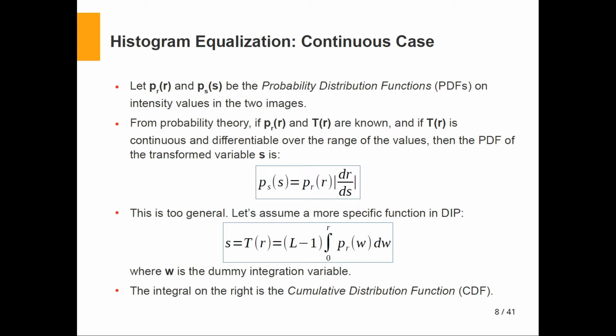For this, let's assume PR of R and PS of S are the probability distribution functions, or PDFs, of the intensity values in the two images that we have, R being for the input image and S being for the output or the histogram equalized image.